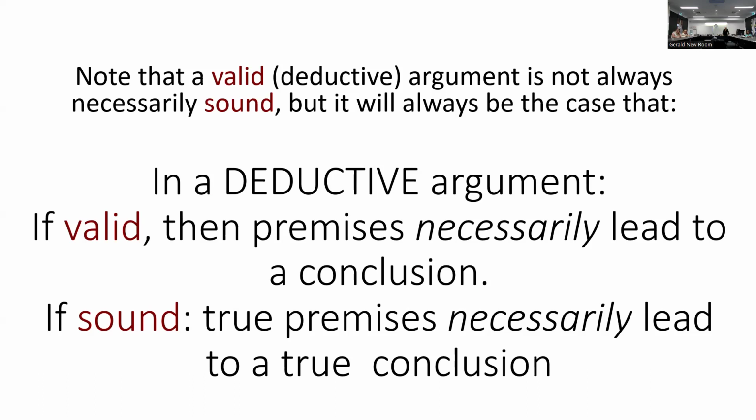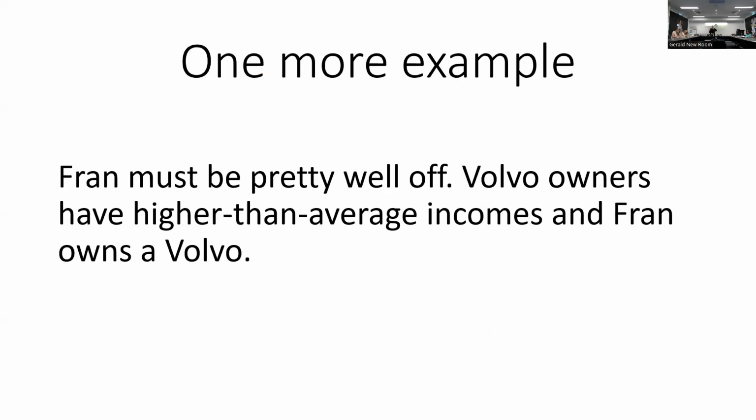Now, if it is sound, true premises necessarily lead to a true conclusion. So what does this tell us? Why do we have two terms, valid and sound? Is it not enough to just have a valid argument? Why do we have to put sound there? Okay, think about this one.